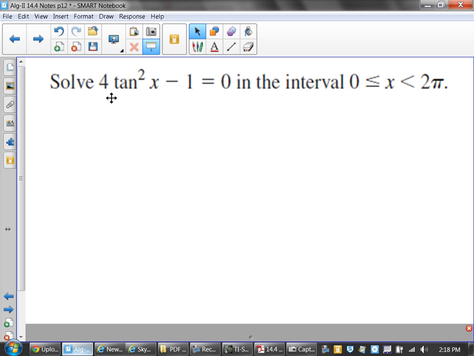So we have 4 times tangent squared x minus 1 is 0. If everybody's looking at that, does everybody agree you add 1, divide by 4? We okay with that? Give me 1 over 4. So I get tangent squared x equals 1/4.